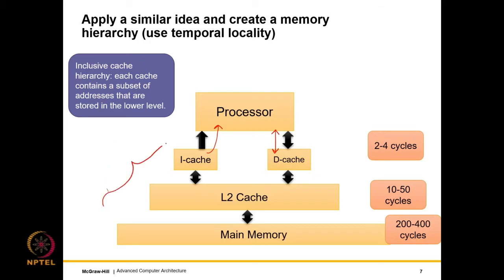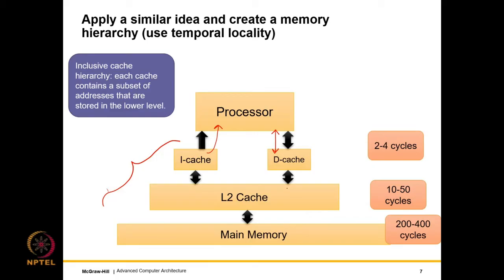So the hierarchy is inclusive. What this essentially means is that the I cache contains a subset of all the data in the L2 cache, and the L2 cache contains a subset of all the data in the main memory. You can have an exclusive cache design, but that is very rare. That's the reason in the rest of this chapter we'll assume that the entire hierarchy is inclusive.